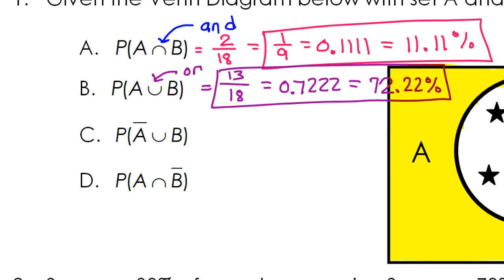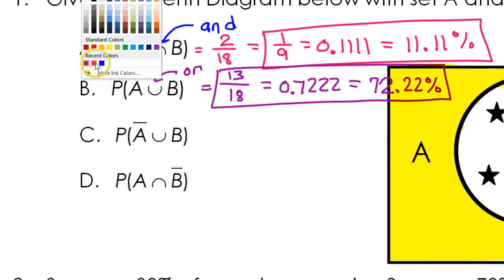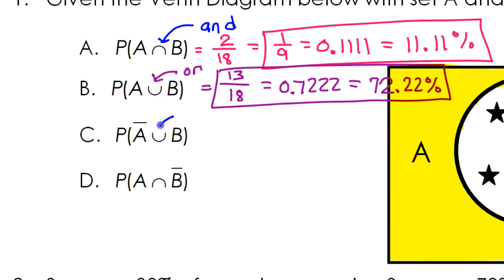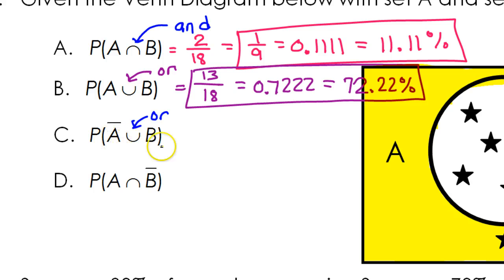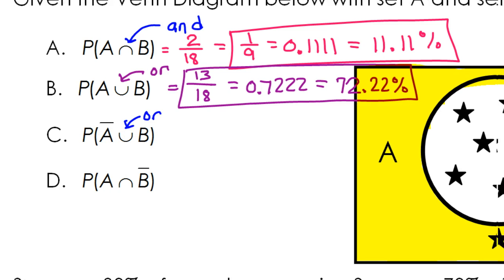Now, looking at this symbol in between, this is another union symbol. I'm going to switch to blue. So once again, this means OR. So this means we want all of it, not just the overlapping part, but all of both, when you have this symbol.